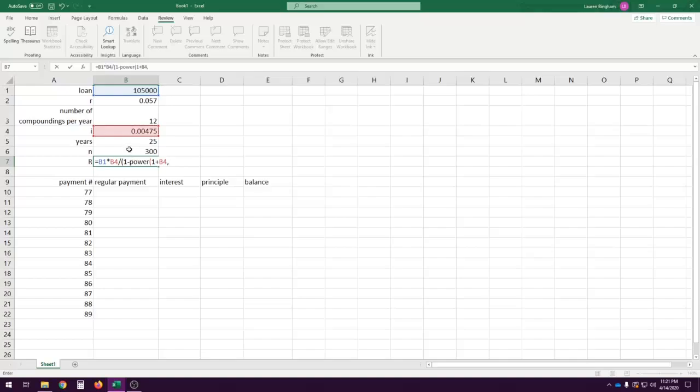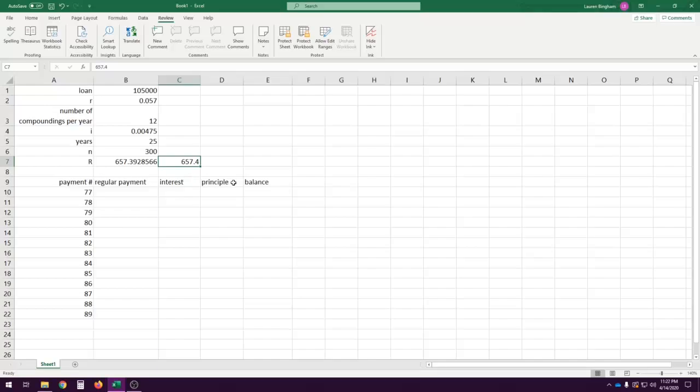In this case we're doing negative 300, so to make it negative we multiply by -1. So we do -1 times our value, and we make sure that all of our parentheses are closed or Excel gets mad, and we get 657.39 and change, which is what we got before. Now remember, we rounded that up to 657.40. So I'm going to round that up over here, and that's the payment that we're going to use.